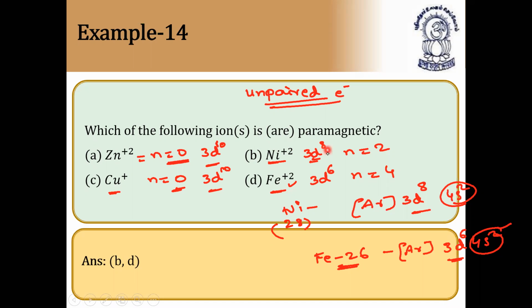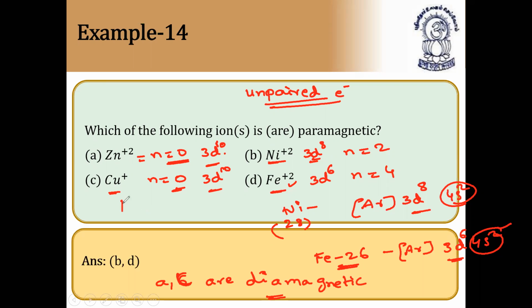So it is 3d8, 3d6. Which is having unpaired electrons, that is only paramagnetic in nature. Which do not have unpaired electrons, they are said to be diamagnetic in nature. So Zn+2 and Cu+. In this answer, A and C are diamagnetic because they have no unpaired electrons, that is n is equal to 0.